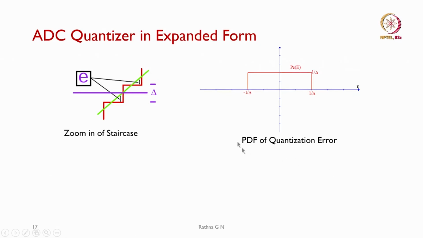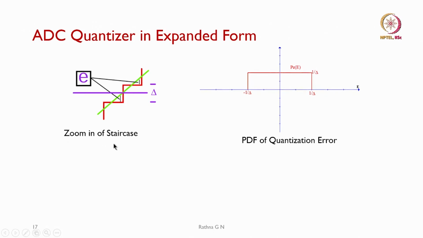To show the quantizer in expanded form, what is this delta? From this point to this point, we assume it as minus 0.5 and this side as plus 0.5, which gives me delta. That is the error we will be encountering from our ADC quantization.